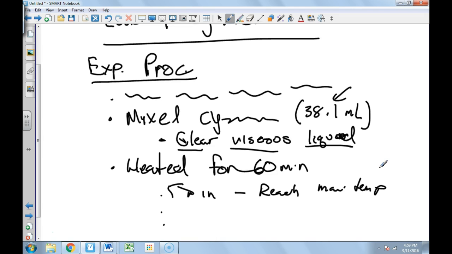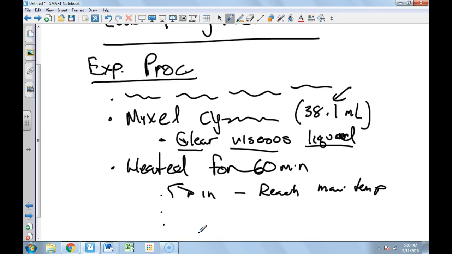Your experimental procedure should be the last thing that you enter in your pre-lab, because you're going to write your experimental procedure the first night of lab, and then when you get your lab book back for the second night of lab, you're going to pick up right where you left off with the experimental procedure, and then it's nice and continuous.